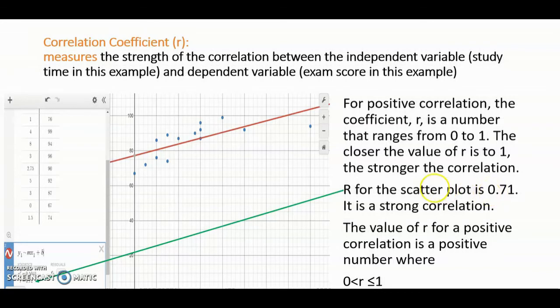So we can say that the association between the amount of time a student spends studying and their exam score is strong. It's a strong correlation. Again, be reminded that the value of r for a positive correlation is a number between 0 and 1.